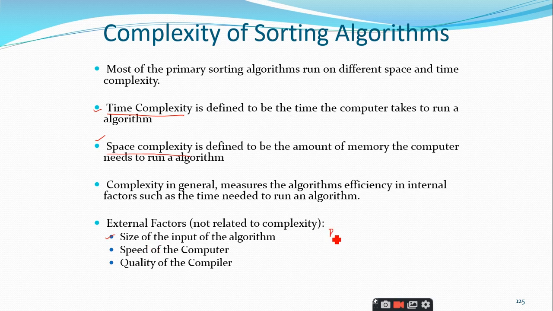For example, if you take the bubble sort algorithm, which we are going to discuss in the next sessions, a bubble sort algorithm works very well with smaller inputs, a smaller list of elements. But if you implement the same bubble sort algorithm with a large list of elements, the performance of the algorithm will be very poor.